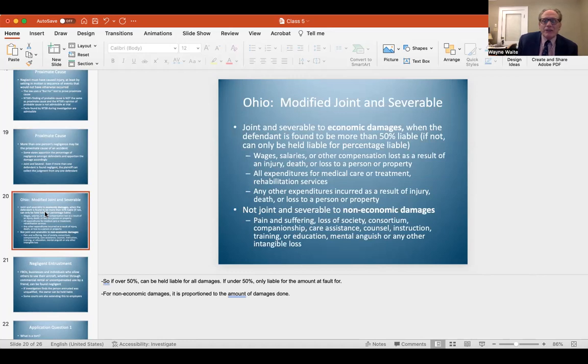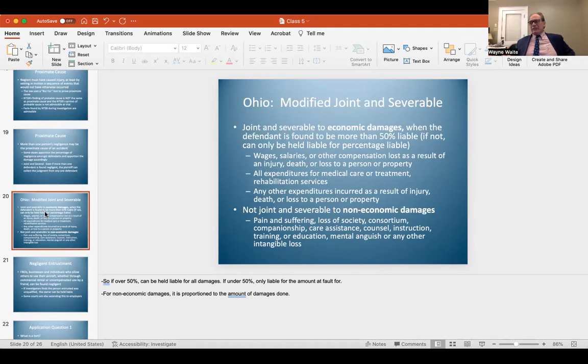Ohio has a modified joint and several liability statute. It's joint and several as to economic damages when the defendant is found to be more than 50% liable, and if not, the defendant can only be held for the percentage they are liable for. Wages, salary, compensation, expenditures, and medical treatment are all economic damages.